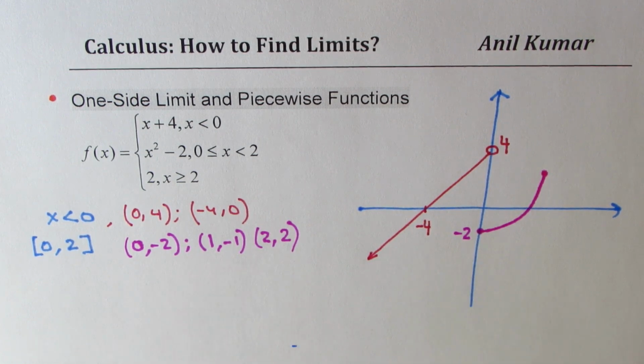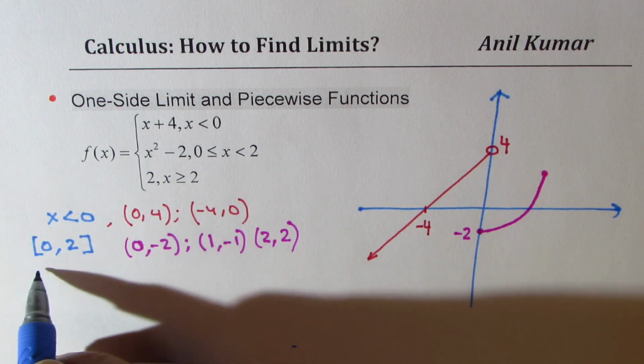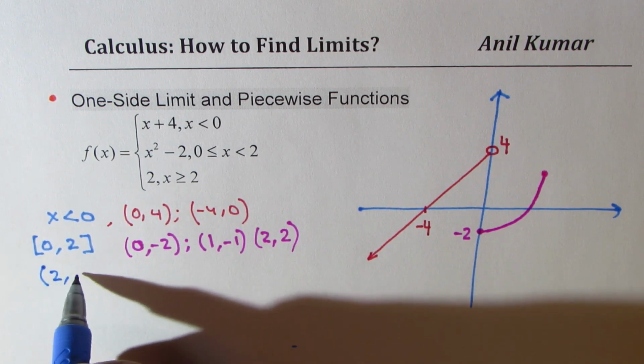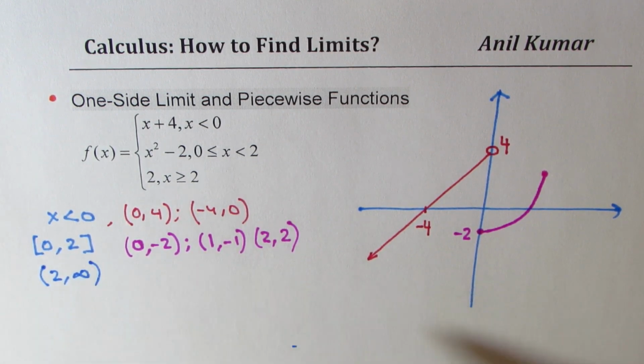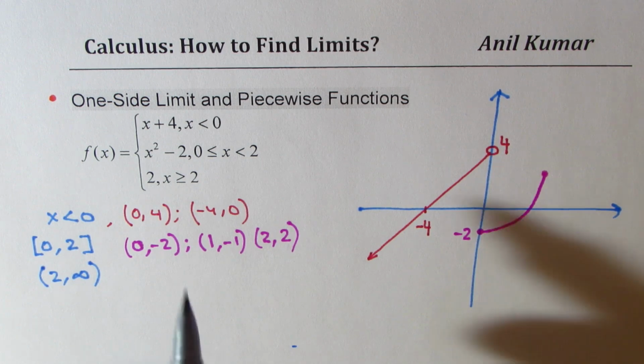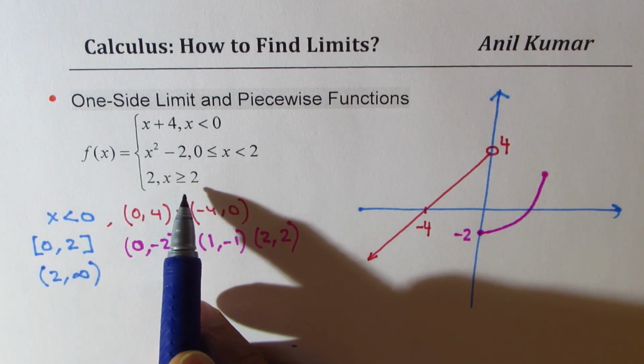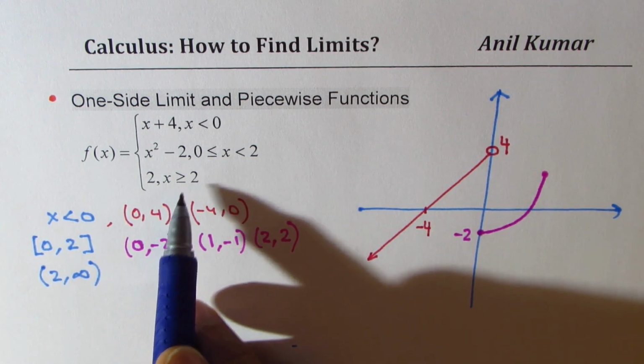Okay. Shape is important. The third part is a constant function, which is from 2 to infinity. Now 2 to infinity is a constant function for us, whose value is 2. Now it includes the point 2, right?